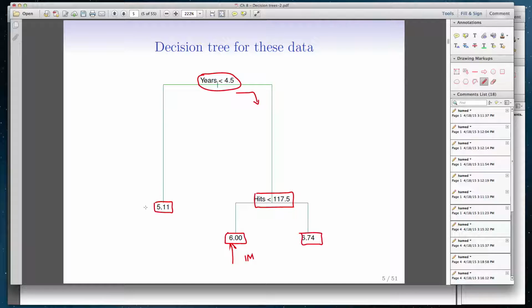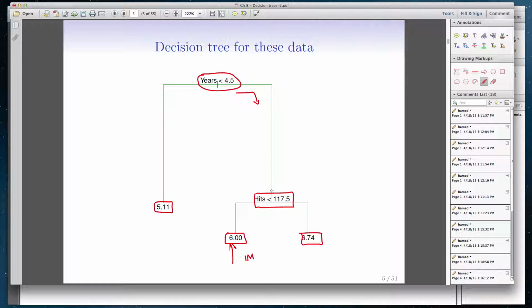So these are called end nodes, or terminal nodes. At the same time, we have other nodes here, which are not terminal nodes. These are called intermediate nodes, your internal nodes. So these are internal nodes. These are terminal nodes.